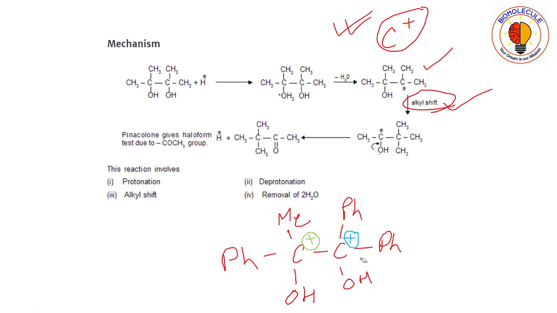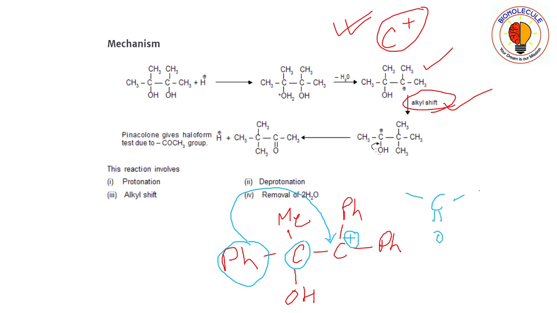So this carbocation forms. First we have checked the stability of the carbocation. Now comes the migratory aptitude. We know that phenyl has more tendency to migrate as compared to methyl. So this phenyl will now migrate over this carbon, and the final product will be this.